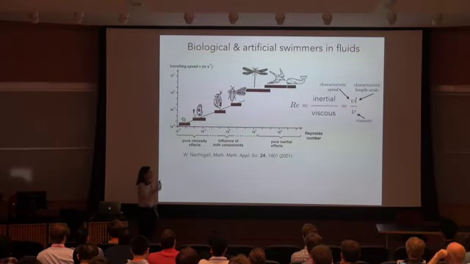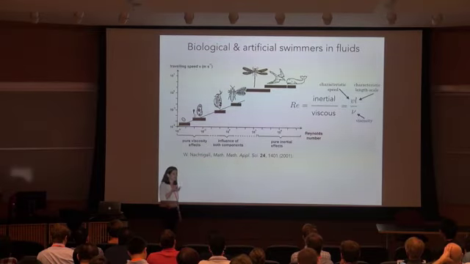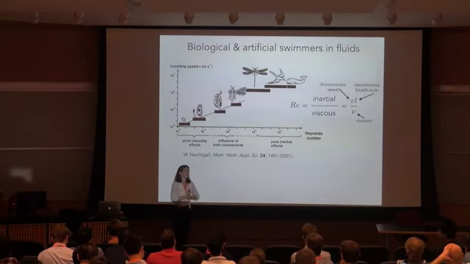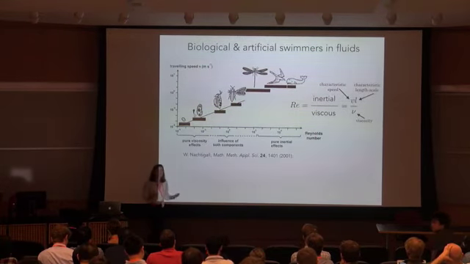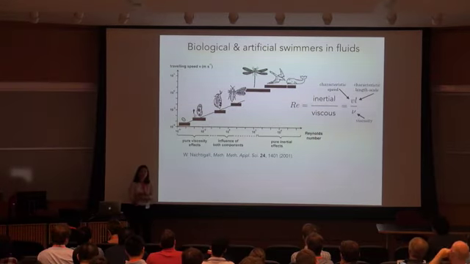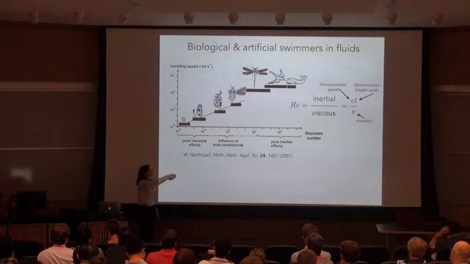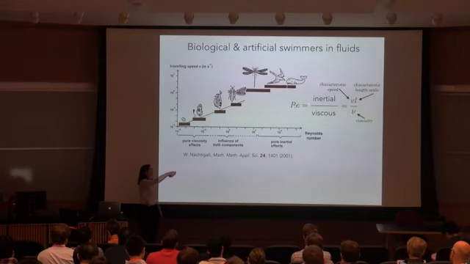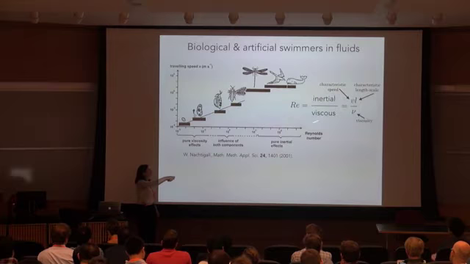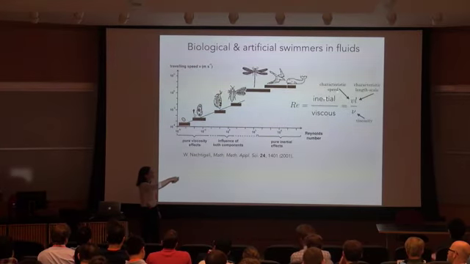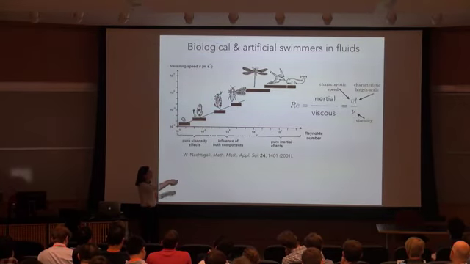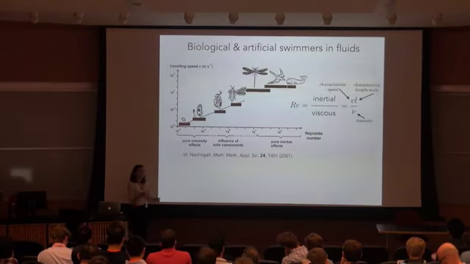Since we're interested in the fluid, the Reynolds number is a good measure for describing it. It is a dimensionless ratio of the inertial forces over the viscous forces. In our systems, we define it as the characteristic speed of the organism times its size, divided by the viscosity of the surrounding fluid.